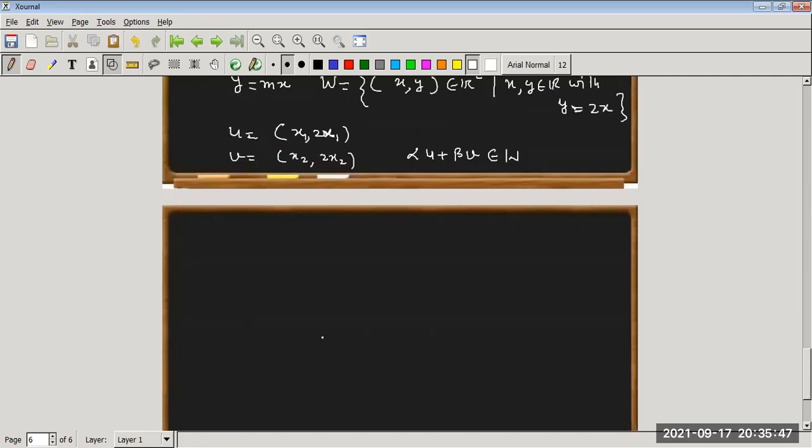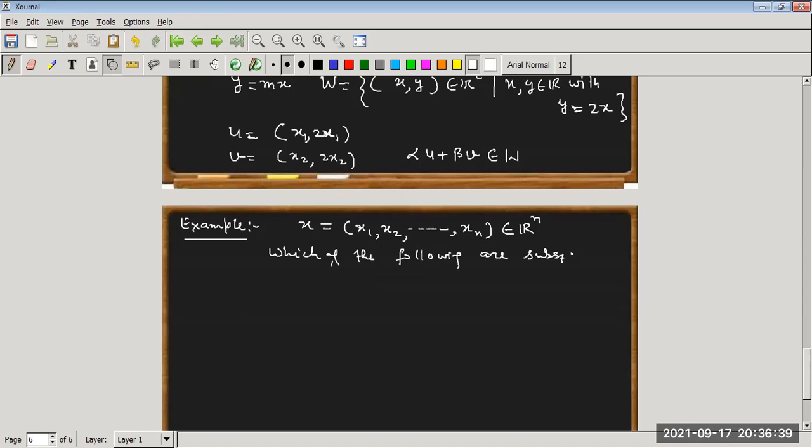Now we will discuss one or two more examples related to vector subspace. The example is: which of the following sets of vectors, if we have vectors x equal to (x1, x2, ..., xn), these are n-tuples, belonging to Rn, are subspaces of Rn?